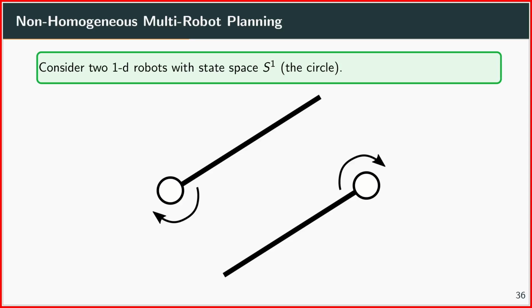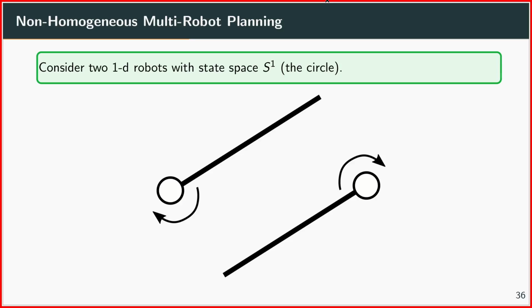And small question, so what would the composite state space look like for those two robots? Anyone an idea? Two values. It should be a vector. Yeah, but what would be the structure of the space? The single spaces would be S1, basically a circle where you can just rotate around here.